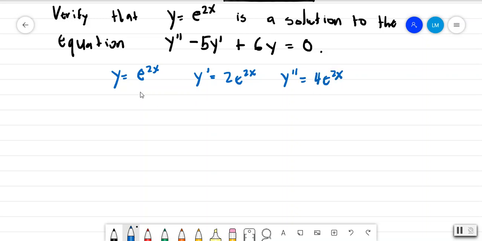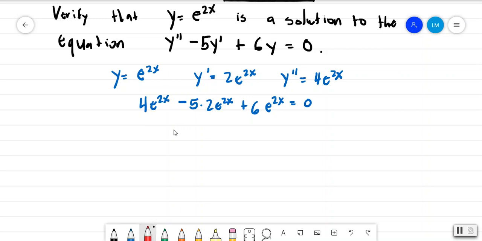So what do I need to do with this? I need to plug it into the equation up here. So we have 4e to the 2x minus 5 times 2e to the 2x plus 6 times e to the 2x. Does this equal 0?